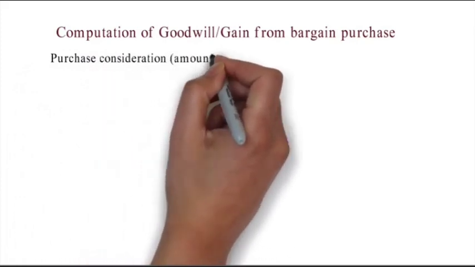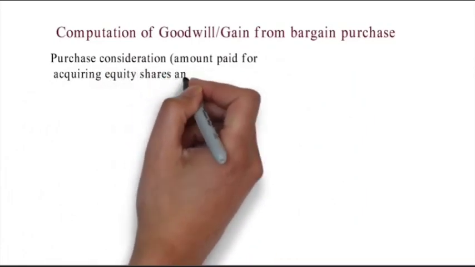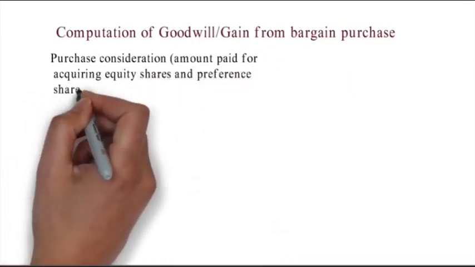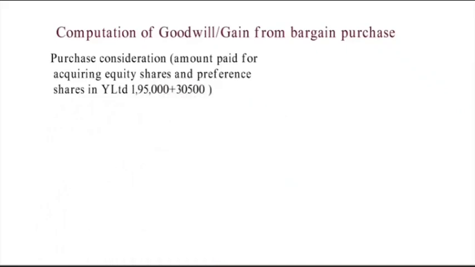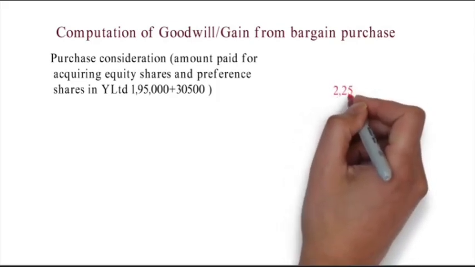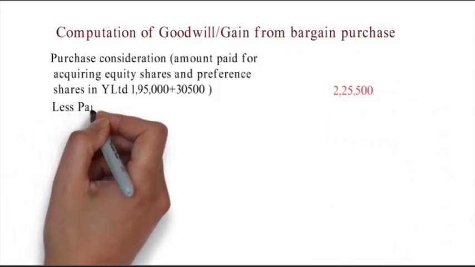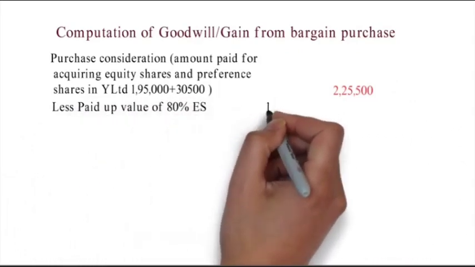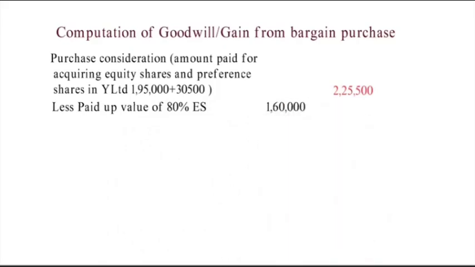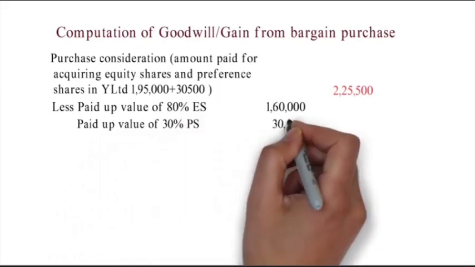Here, purchase consideration, amount paid for acquiring equity shares and preference shares in Y Limited, 1,95,000 plus 30,500. Purchase consideration, 2,25,500. From this purchase consideration, we deduct paid up value of 80% equity shares, 1,60,000. Paid up value of 30% preference shares, 30,000.